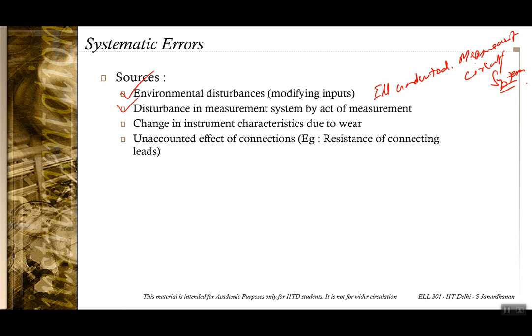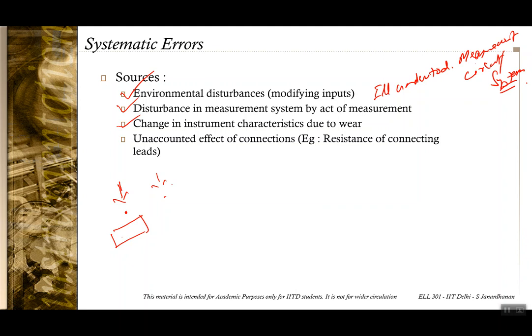Which means that if you are measuring a value, if you had not measured, it would have been a different value, and if you measure, you end up with a different value. Okay, that's a second source of systematic error.